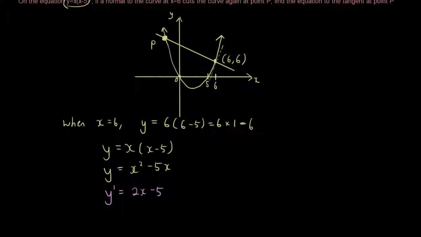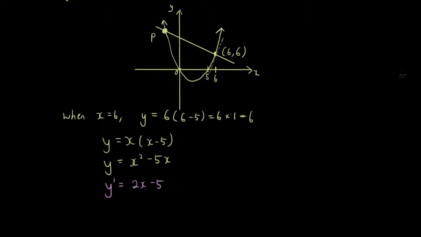If you don't know how I differentiated that, you should probably go back to some other tutorials. So when you differentiate it, what you get is the gradient of the tangent.